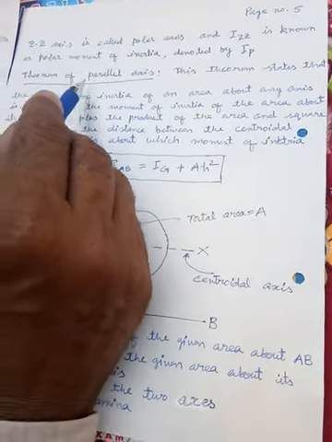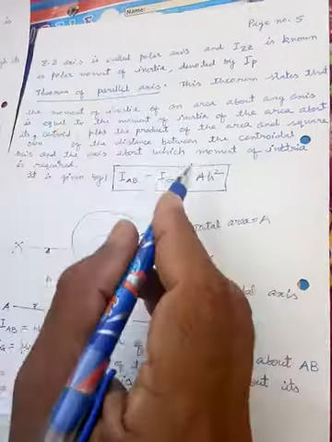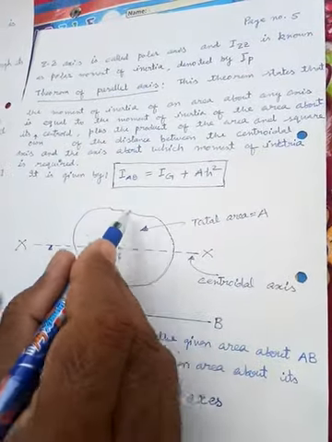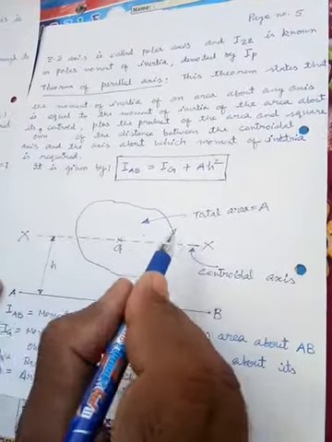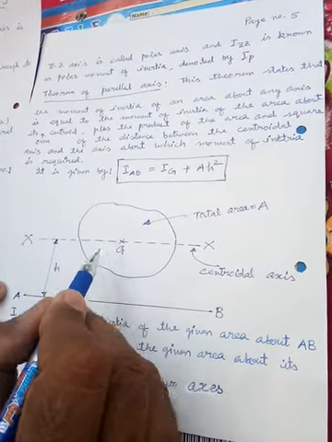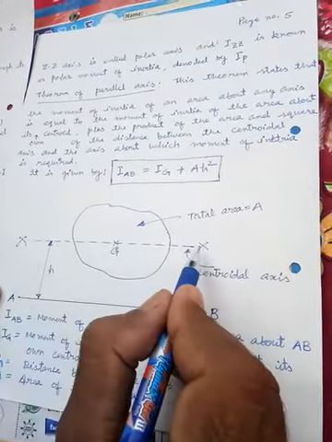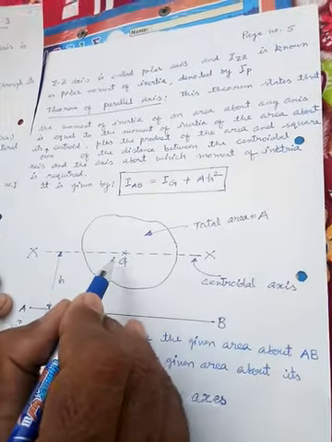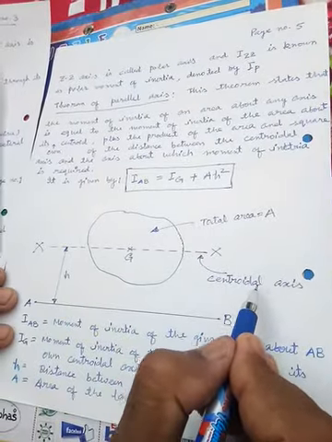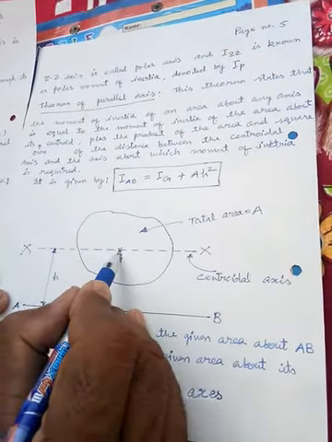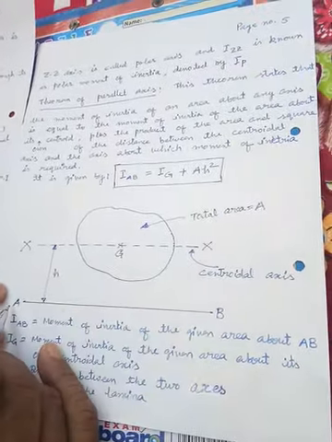Second is the theorem of parallel axis. So what is the theorem of parallel axis? This is a lamina of total area A. G is the center of gravity of this lamina, and the x-axis passes through the center of gravity, so it is the centroidal axis.